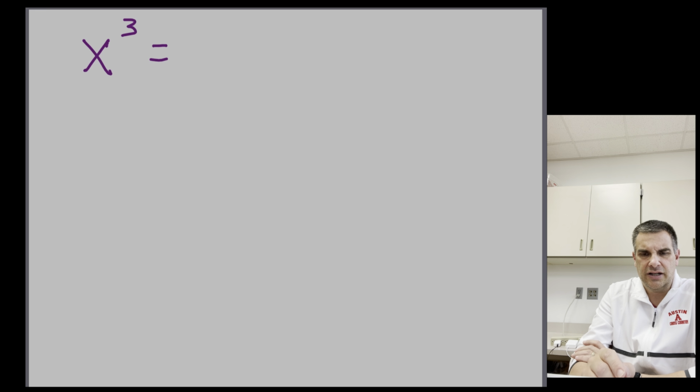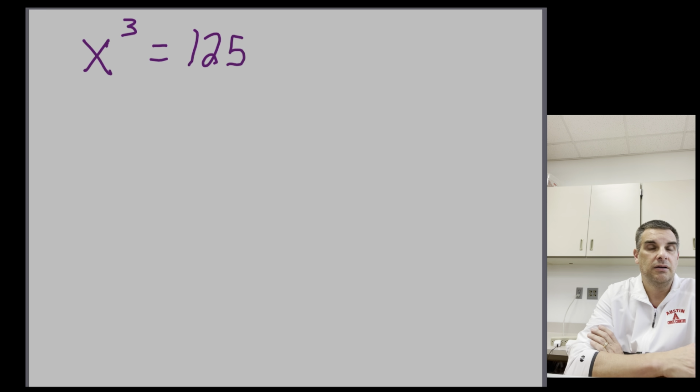Essentially, within this chapter we're just going to look at finding roots. So let's say I have something like the equation x cubed equals 125. You've learned in the past how to solve this.